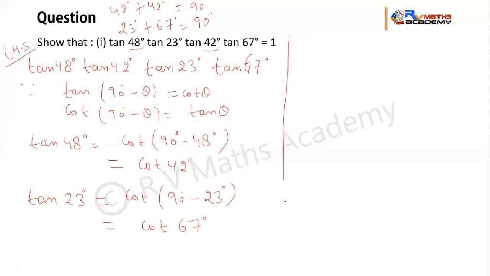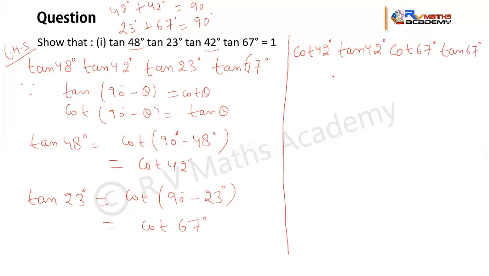So I will put the value of tan 48, this is cot 42 degree, tan 42 degree. Now put the value of tan 23, which is cot 67 degree, tan 67 degree.